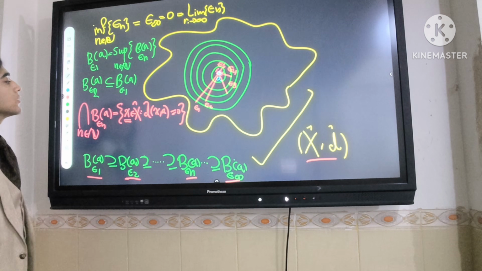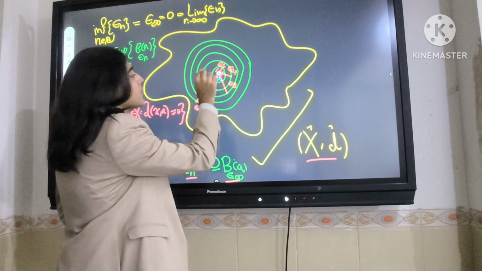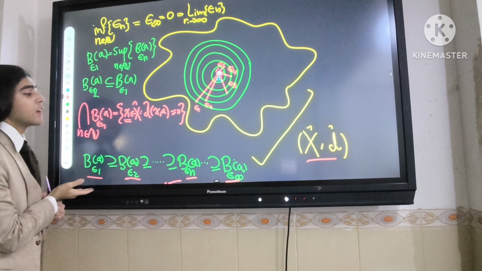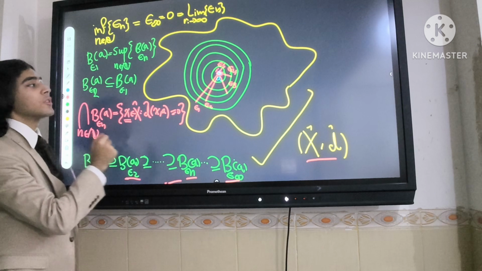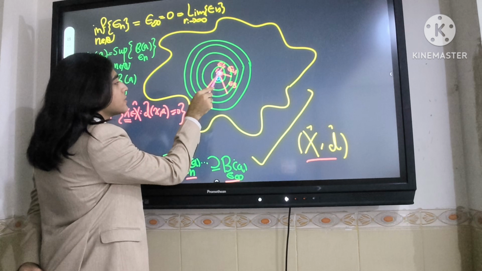So the intersection here is the common factor between all of these circles, the sequence of circles or open poles or neighborhoods, which is some points here.